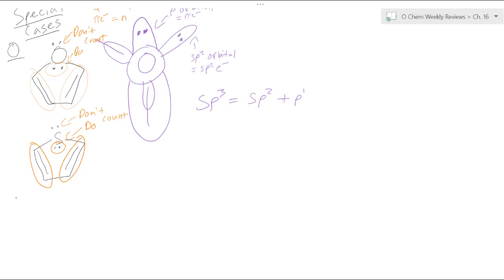Okay, so there are two ways I can draw nitrogen in the ring. I can draw it like this. Or I can draw nitrogen that contains a double bond.